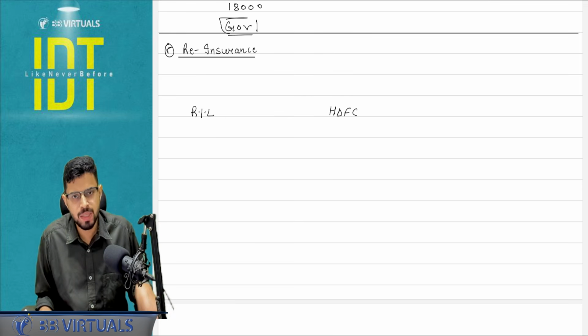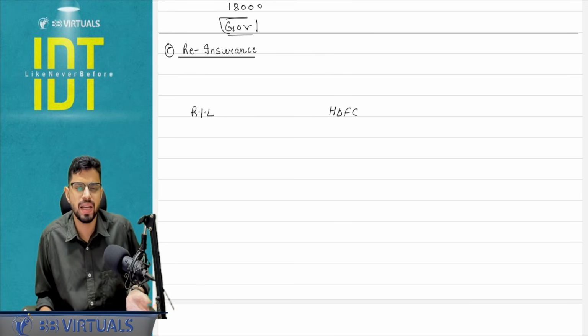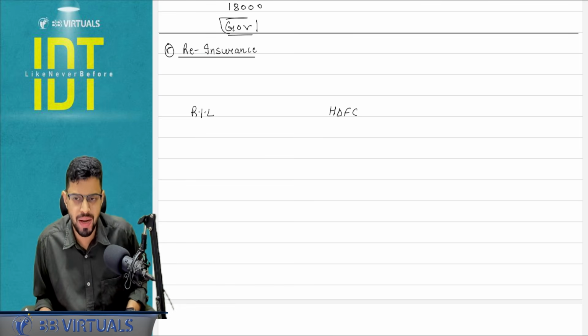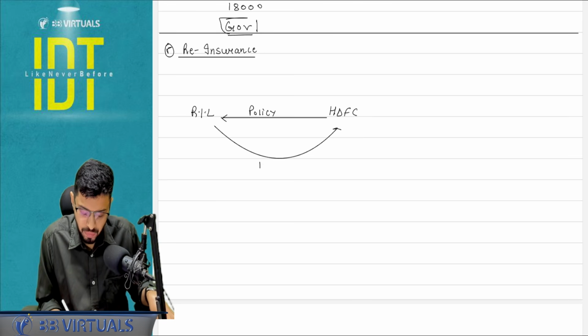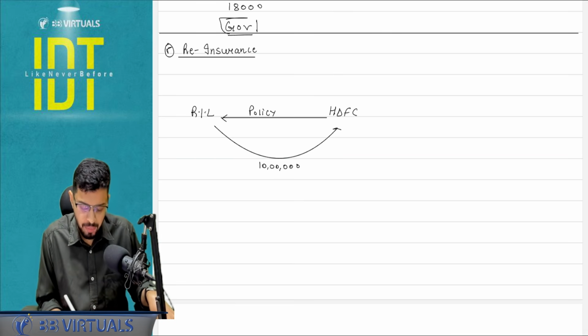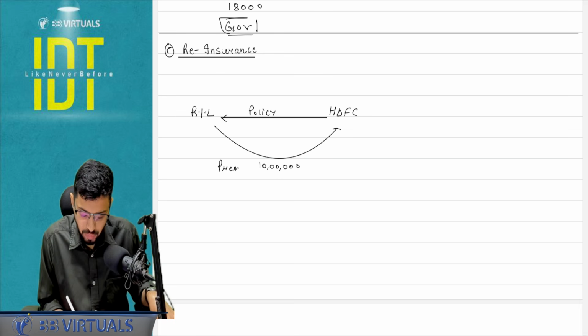HDFC won this bid, and not bid means basically it solicited Reliance Industries Limited, and it won the contract, and it has issued an insurance policy, for which there is a very big premium of 10 lakh rupees involved.